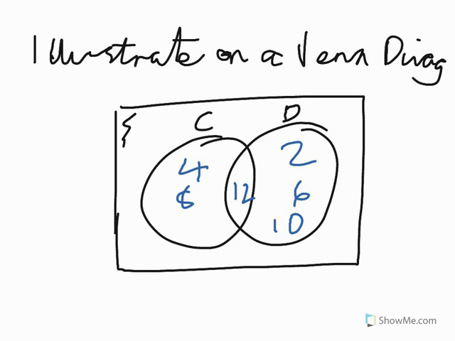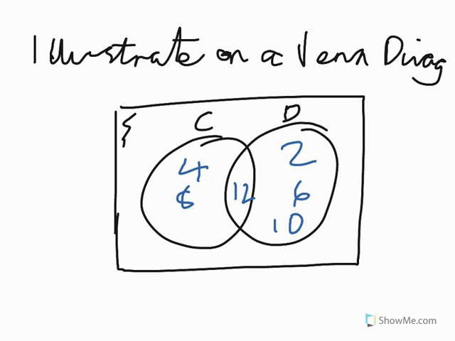Now outside those circles, in the rectangle there, we put any other numbers that are not contained in either of those sets. In this particular case, that doesn't happen. There are no numbers that are not in either of those two sets.